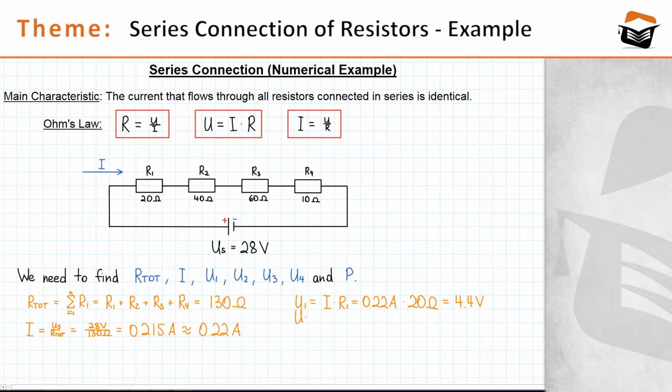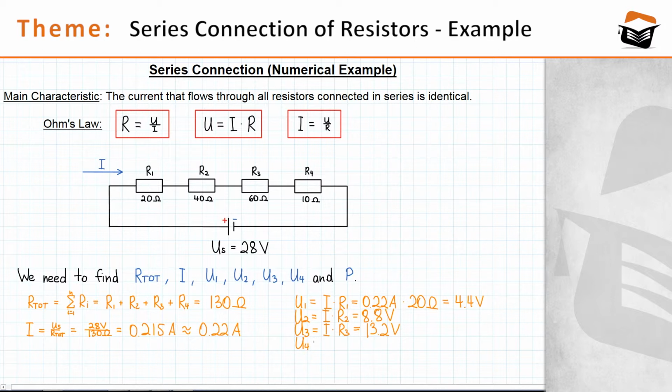We're going to perform the same calculation for the other resistors or the other voltage drops. I'm just going to write down the result directly because I don't want to make this video too long. Multiplying I by R2 yields 8.8 volts. And then U3, which is I times R3, is equal to 13.2 volts.